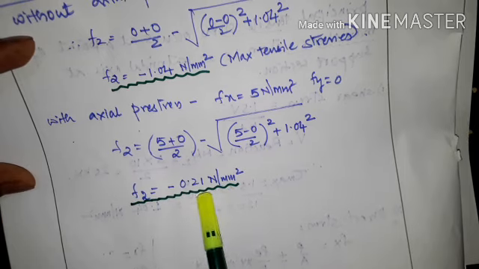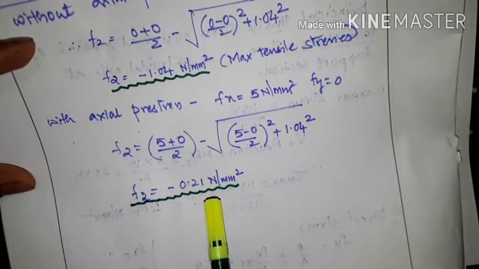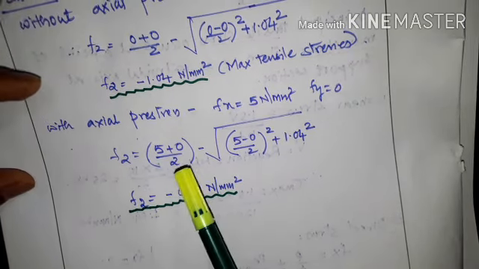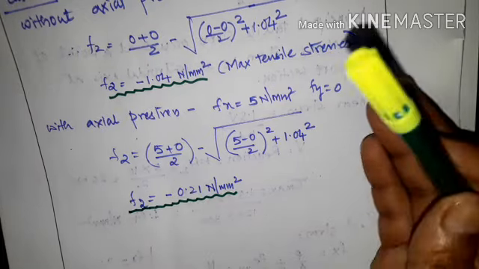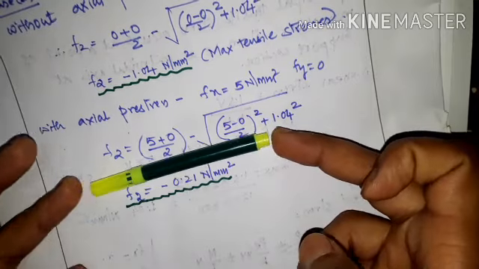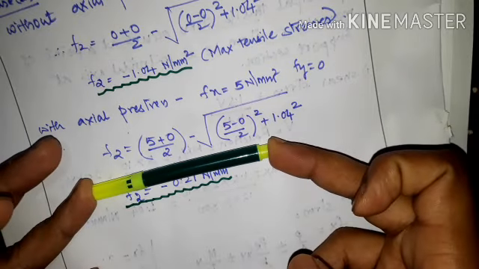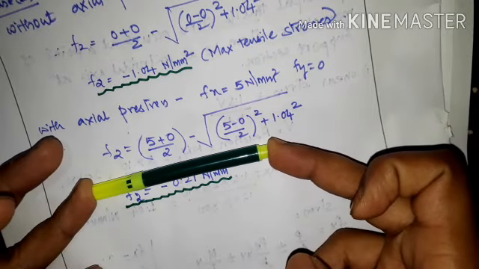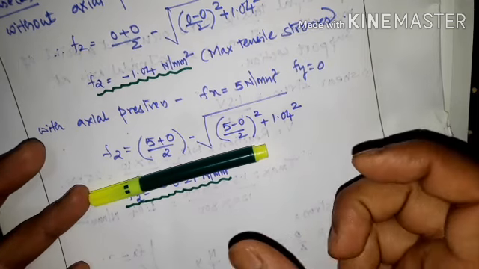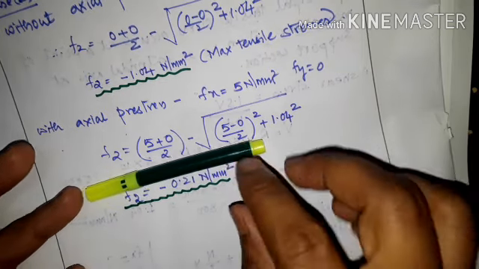So there is a reduction in the stress because of axial pre-stress. Because what will happen? The beam will be in compact form. We are providing the pre-stress on both sides like this, so the beam will always be in compact form because of the axial pre-stress. So there will be a reduction in shear stress.